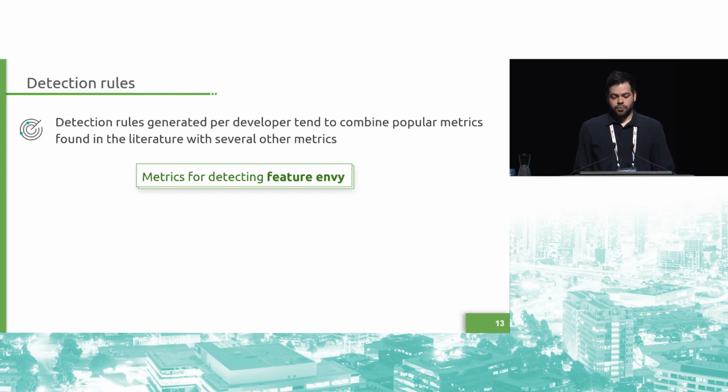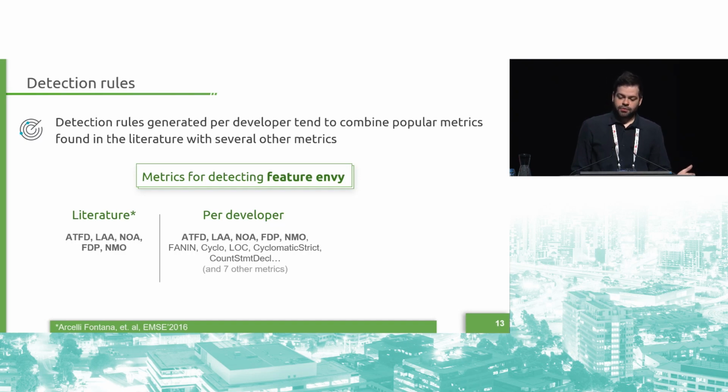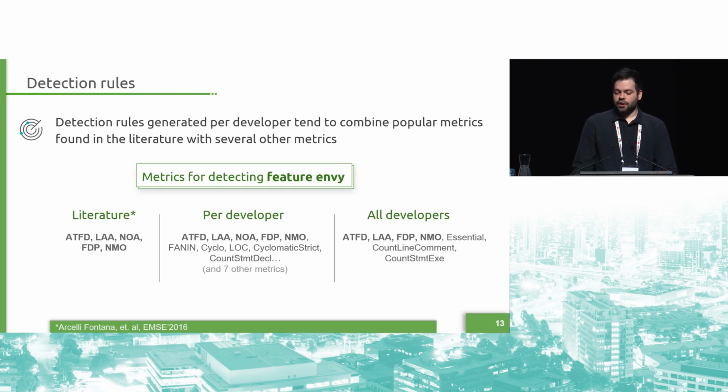The literature proposed the use of 5 different metrics, and during our study, we observed that when creating a detection rule per developer, the complete set of metrics includes all the literature ones and others not mentioned in the literature. Finally, when creating a unique rule for all developers, we only observe that some metrics from the literature still remain, and all the other metrics are also added.